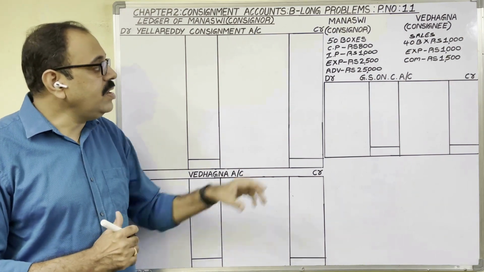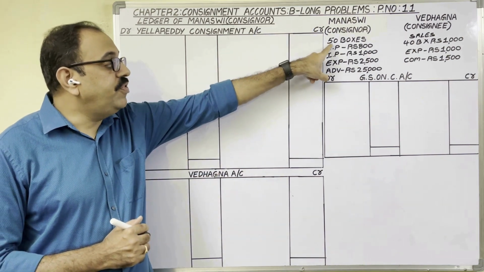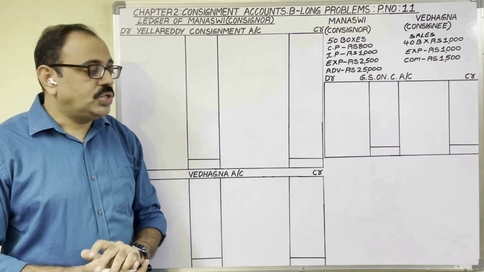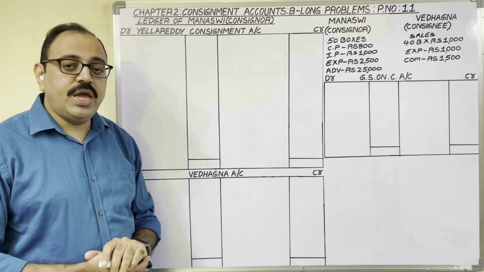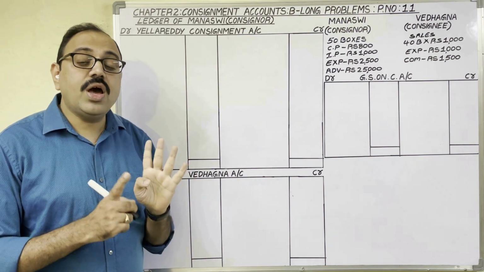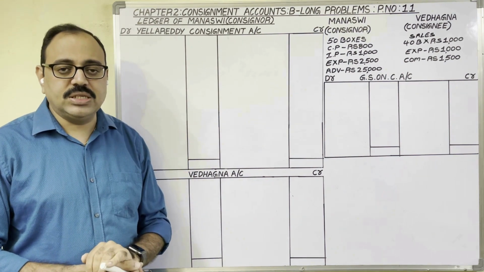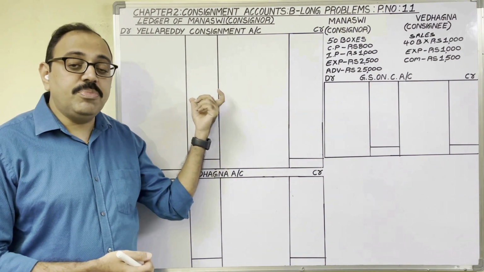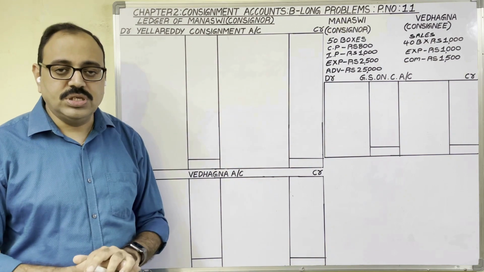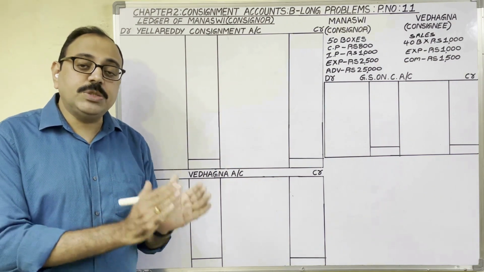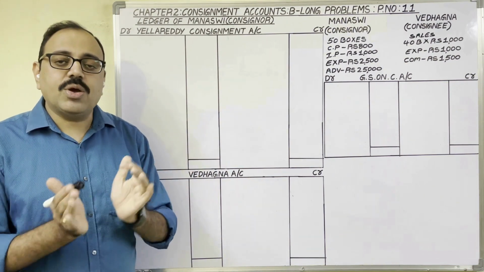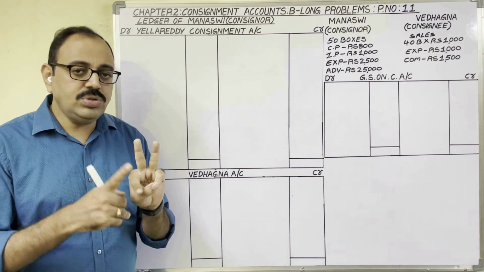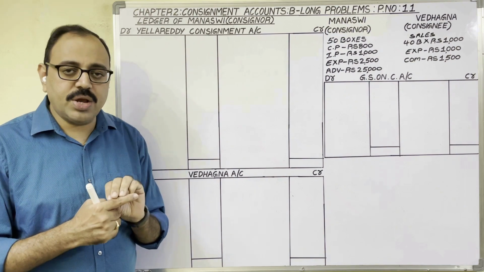So first, what happened? Manasvi sent 50 boxes on consignment basis. So the consignment account, why do we prepare it? To know the profit or loss in the consignment business. Therefore, all expenses and incomes of the consignment business we should take in this account. When any account contains expenses and incomes, that account comes under nominal account. Accounts are of three types: personal accounts, real accounts, and nominal accounts.